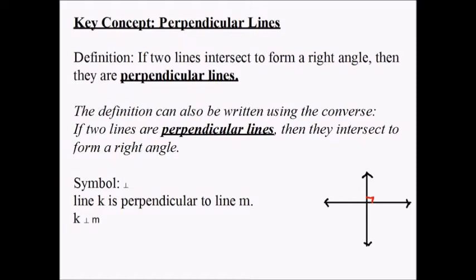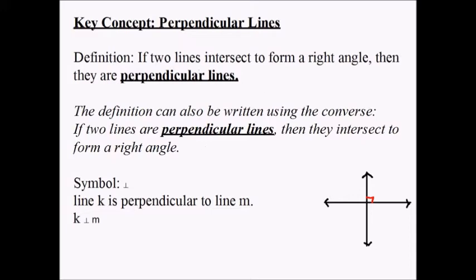Diagram-wise, perpendicular lines. These are two lines that intersect to form a right angle. Right here, you see the right angle. These are perpendicular lines. You can also switch this definition and it will still be true. So if they are perpendicular lines, then they form a right angle. Okay?